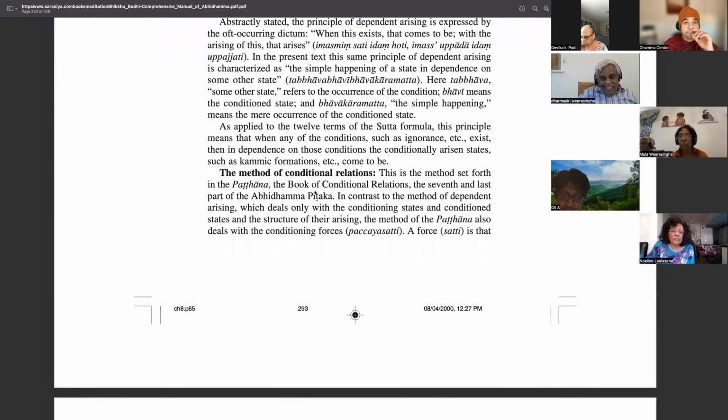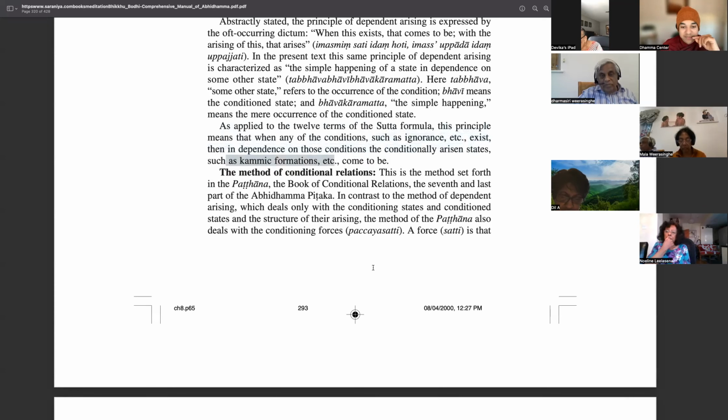As applied to the 12 terms of the Sutra formula, this principle means that if any of the conditions such as ignorance, etc., exist, then in dependence on those conditions, the conditionally arisen state such as karmic formation, etc., comes to be. Yes, that's the one. Bhante, thank you so much.